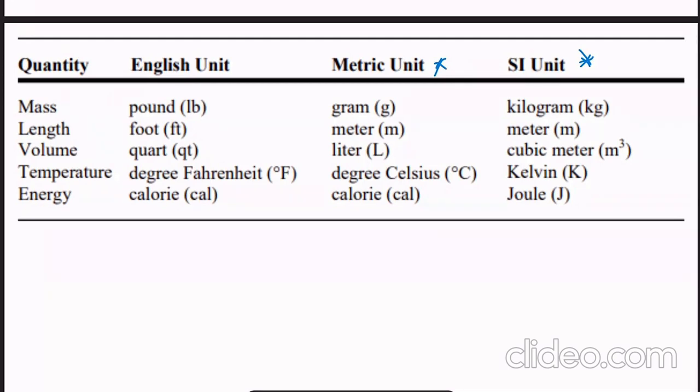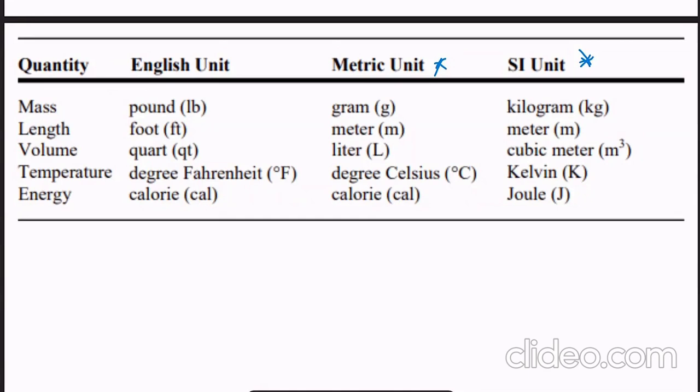But I need 100 centimeters for a meter, and 1,000 meters for a kilometer. Those units are very nice. They're all related by some power of 10. Going from kilogram, liter, to milliliter, there are 1,000 milliliters in a liter and 1,000 grams in a kilogram. So metric units are very nice.